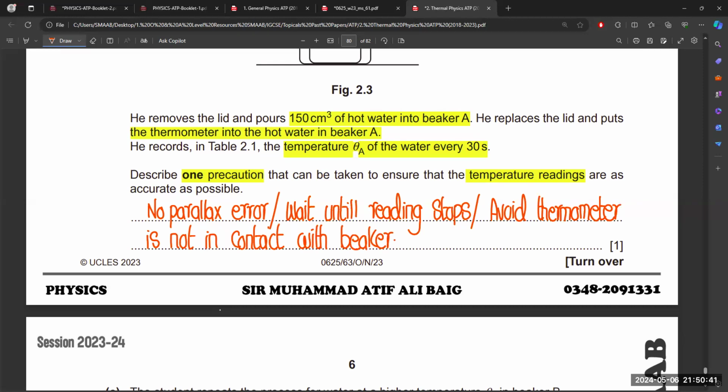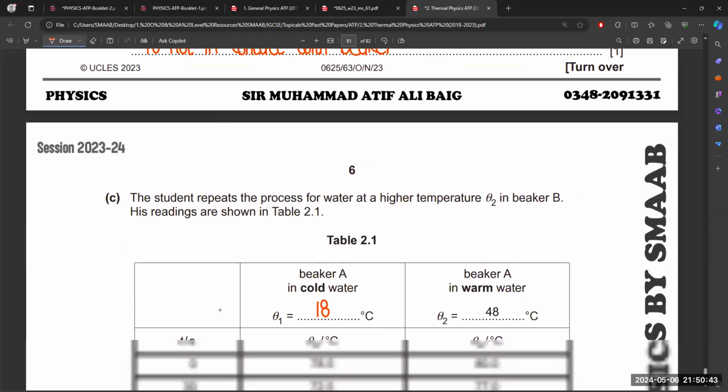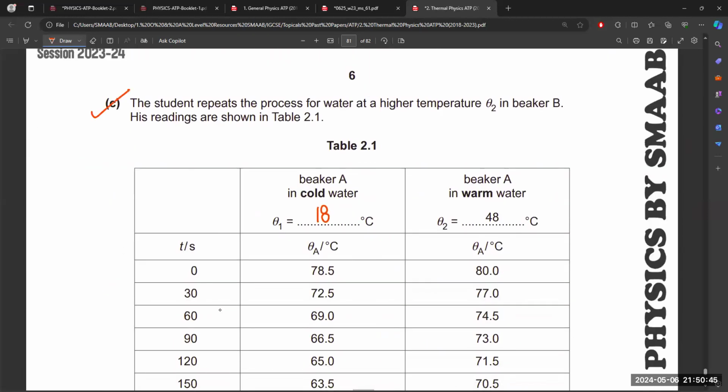So these are some precautions for a thermometer. You have to write only one. And the student repeats the process for water at a higher temperature theta 2. So theta 2 is for higher temperature.